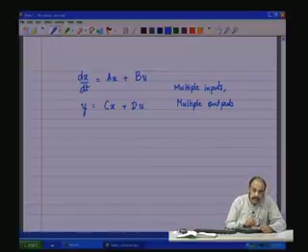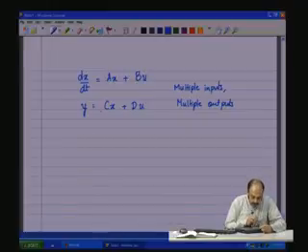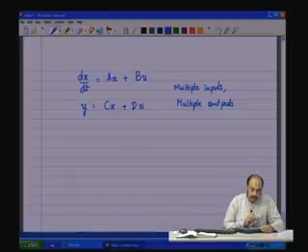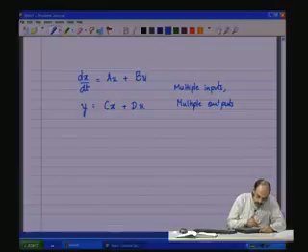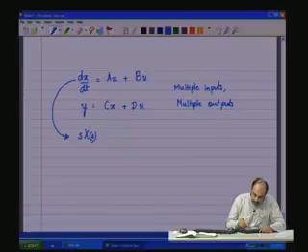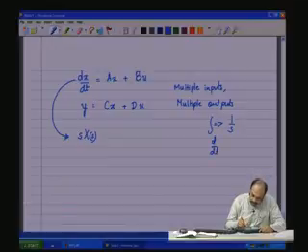Now, how do we obtain the transfer function for any circuit where you have the equations given like this? The transfer function is obtained in the following manner. Taking this dynamic equation, we have sX(s), because integral is replaceable by 1 by S, d by dt is replaceable by S when the initial conditions are 0.